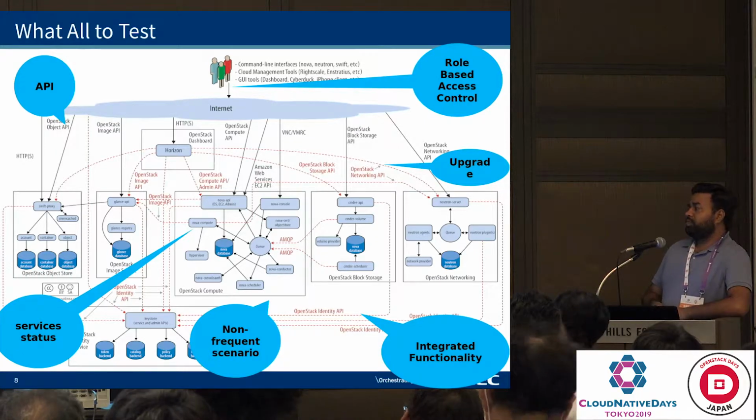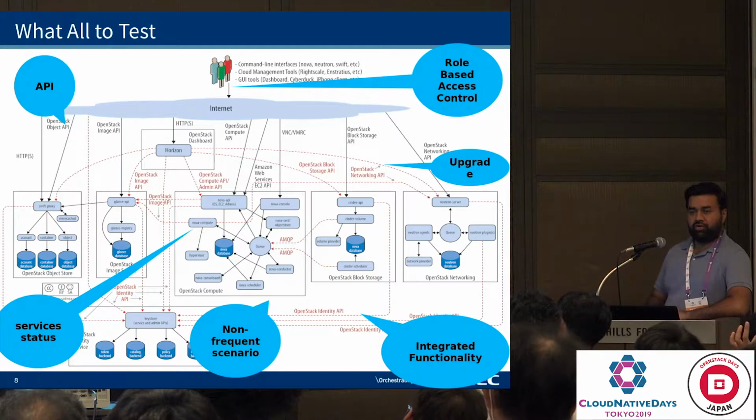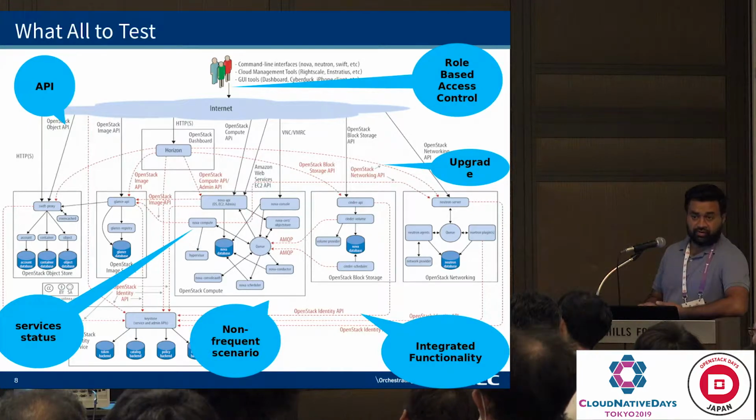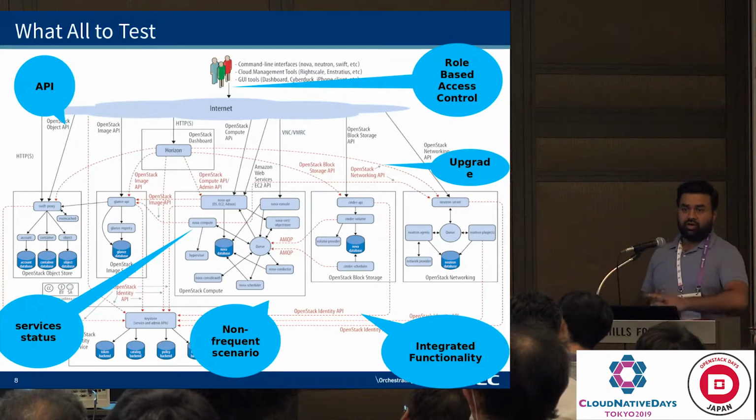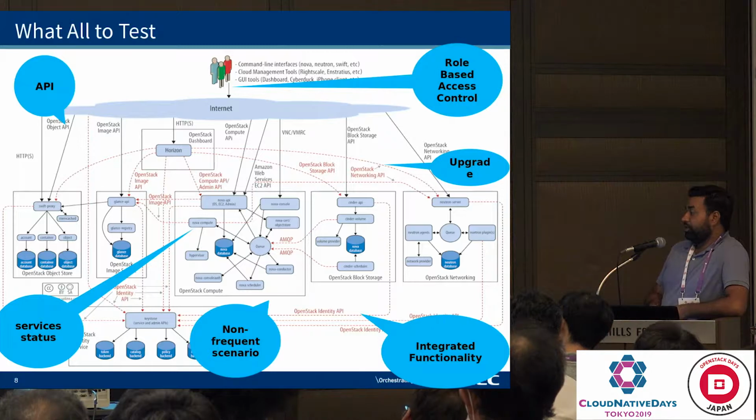So we want to make sure every service is running. If we have 3 compute nodes, all 3 compute services on those nodes should be working fine. It should not be that only one compute node is running fine and 2 are down, and when we have the load from users, our cloud won't behave perfectly.